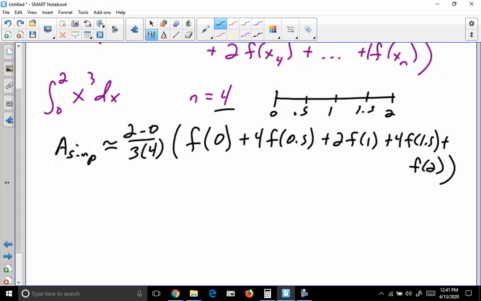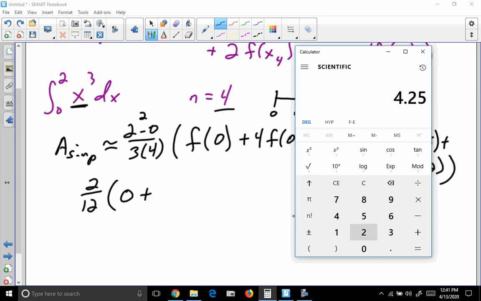So now we just need to evaluate this. We have a 2 on top. We can reduce that 2 with that 4 if we want to, or we can just call that 2 over 12. And remember, this is our function. So if we plug a 0 into our function, we get 0. If we plug a 0.5 into our function, so 0.5 cubed, this time we're multiplying that times 4.